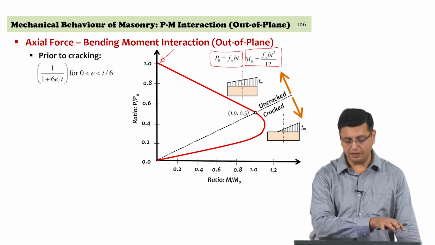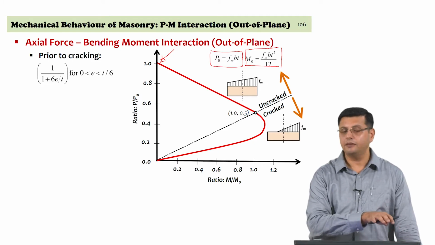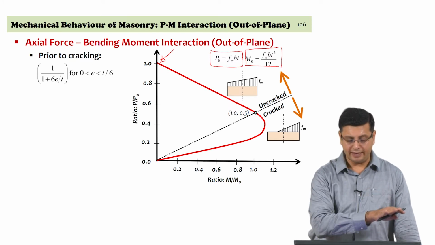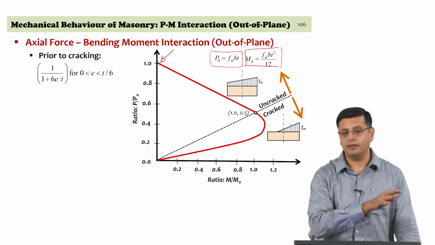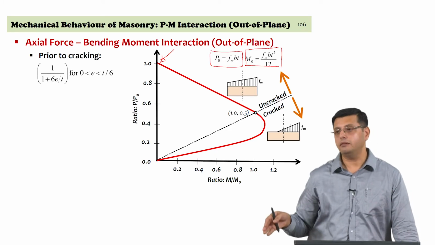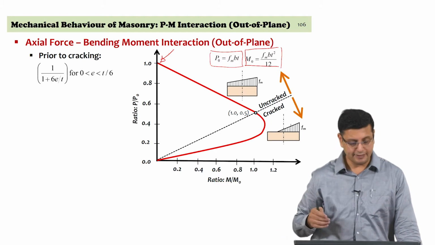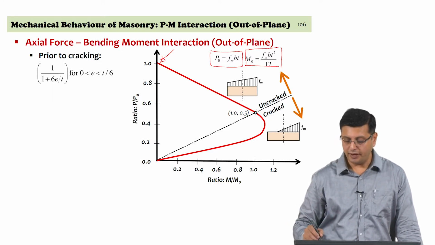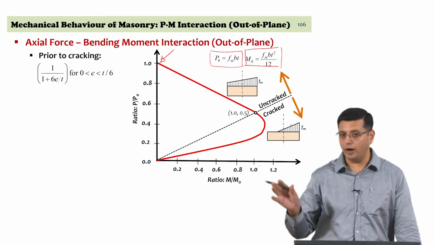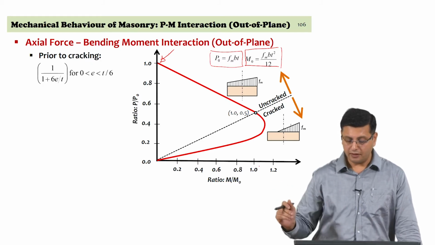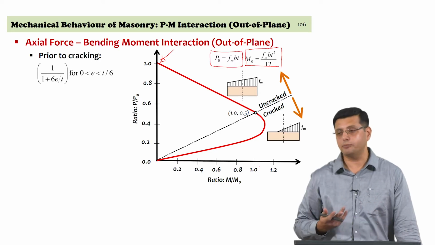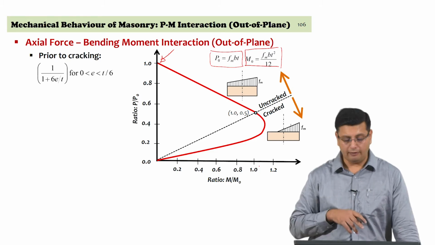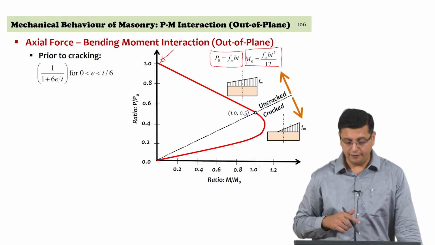That is the level of eccentricity in the wall between zero eccentricity, when you get the full axial force capacity of the wall, which is P naught, Fm Bt, all the way up to when cracking commences at eccentricity equal to t by 6. At that point, you can see that you get a moment capacity of 1 in the wall, whereas the axial force capacity drops to 1/2, and that is because of the triangular distribution that we have assumed in the distribution of compressive stresses in the wall.